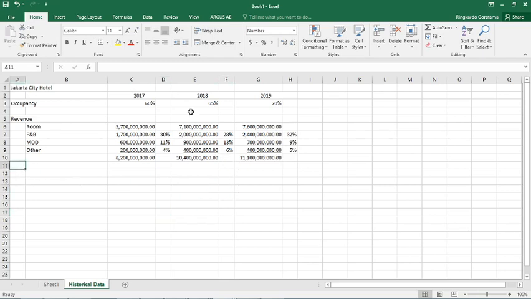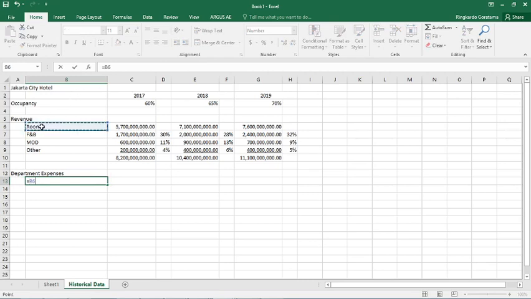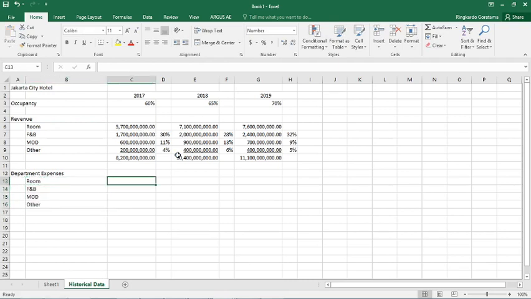After that, we put the information about the departmental expense, the same also, from the rooms, the F&B, MOD, and other.